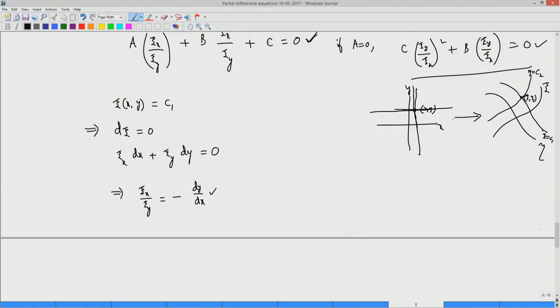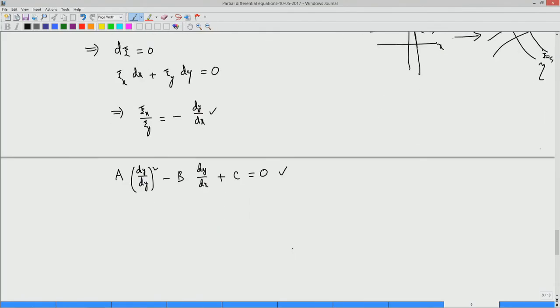If you put it here, you can see that if a star equal to 0, assuming that a is non-zero, you have (dy by dx) whole square minus b dy by dx plus c equal to 0. So, this is what you get. Now I can find my dy by dx from this quadratic equation in dy by dx.